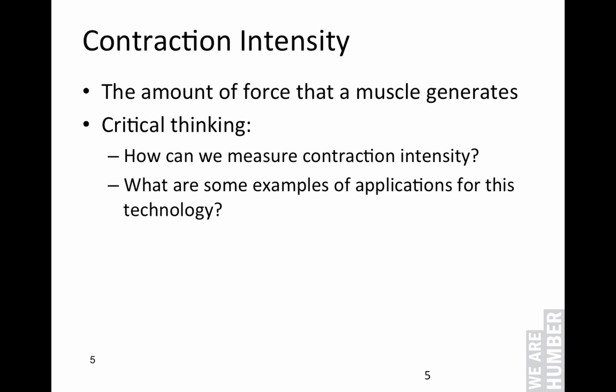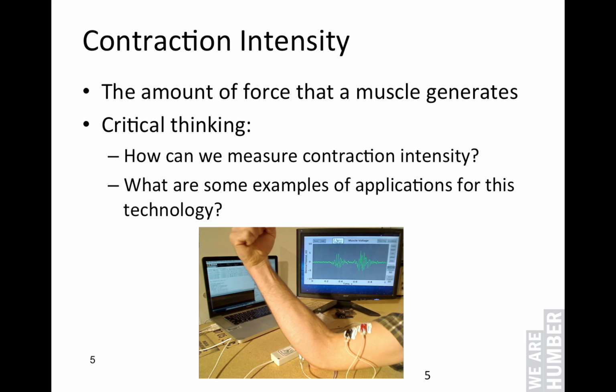It's pretty straightforward. How can we measure contraction intensity? We can use EMG. EMG literally measures the amount of electrical activity in the muscles. Here you can see 2 electrodes, and they're measuring the electrical activity going between these 2 electrodes. You can see there are 2 bursts on the screen here.